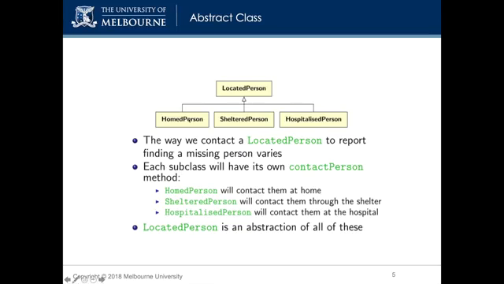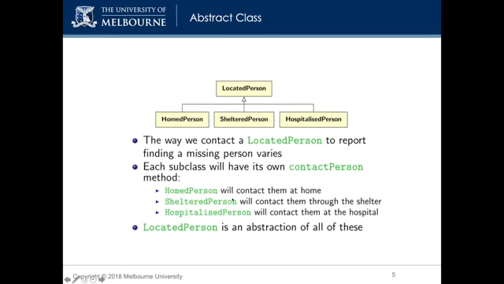If a homed person is found in a home, or a sheltered person in a shelter, or a hospitalized person in a hospital, the homed person will contact them at home, the sheltered person will contact them through a shelter, and a hospital person will contact them through a hospital. Located person is an abstraction of all of these. So we write the principal structure within located person, and then the homed person extends the located person, the sheltered person extends the located person, and the hospitalized person extends the located person.